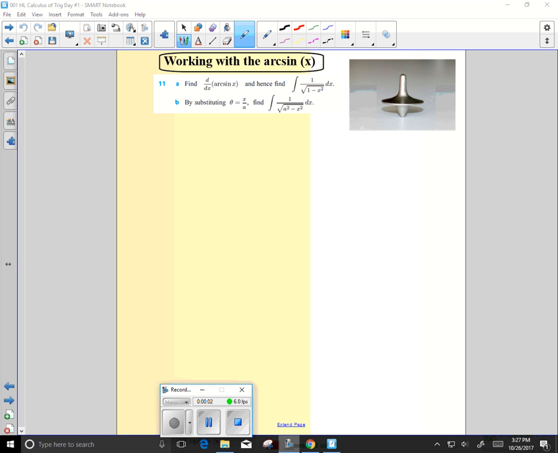Just want to do a quick little overview of some inverse trig. A while back, we defined y equal to arc sine of x. What you could do is take the sine of both sides and get sine of y equal to sine of the arc sine of x, which is just x.